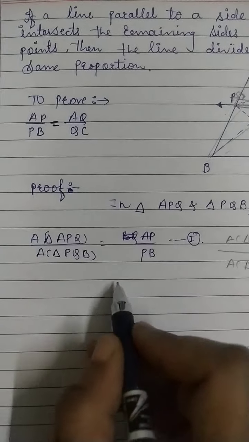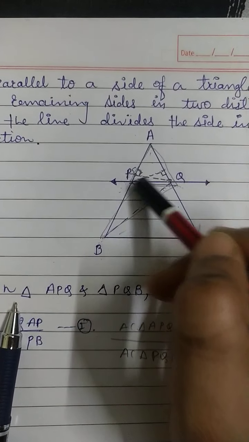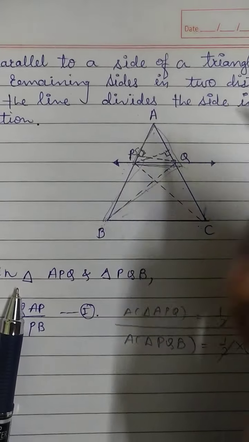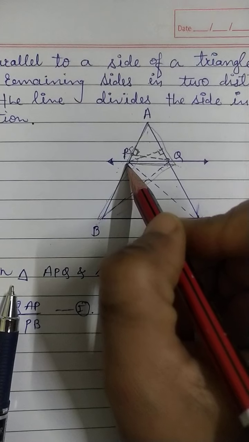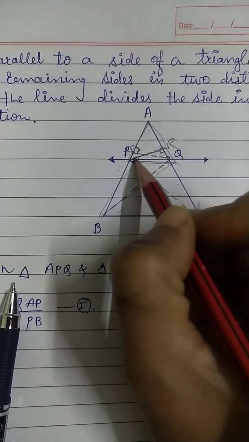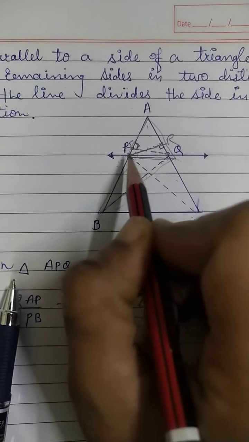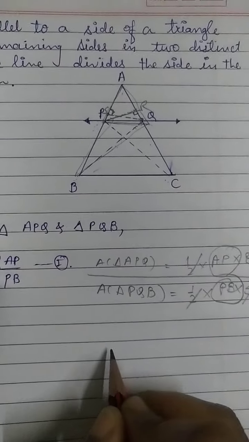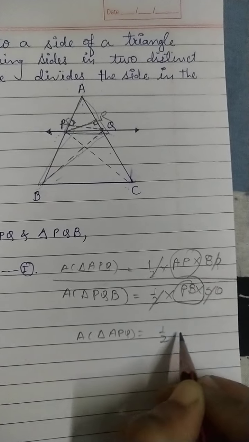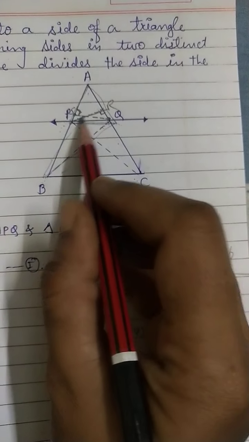Getting it? Now at the same time, again I'll take triangles APQ and PQC. For your understanding, again I have drawn PR. This is the perpendicular height of triangle APQ, and again it will be the same for triangle PQC. So the area of APQ, as you all know, is half into AP into PR. Now I'm taking height PR.